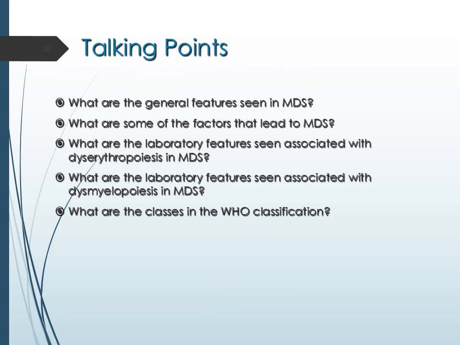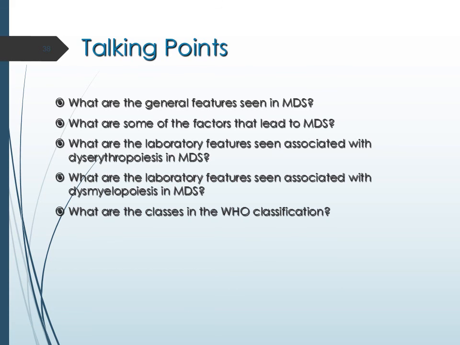Ringed sideroblasts in the bone marrow and siderocytes in the blood can be seen. What is used as a differential diagnosis? Vitamin B12 deficiency, folate deficiency, folate levels or vitamin B12 levels must be considered. So these are just some of the things you need to think about.